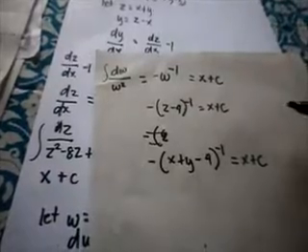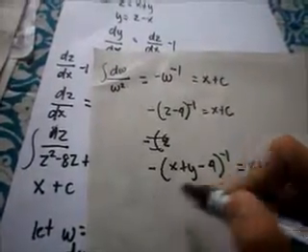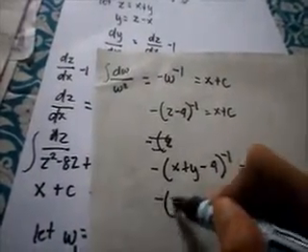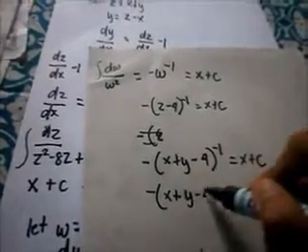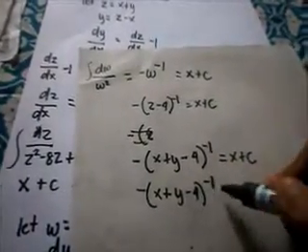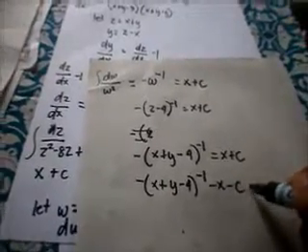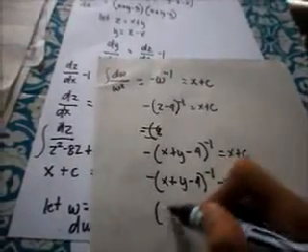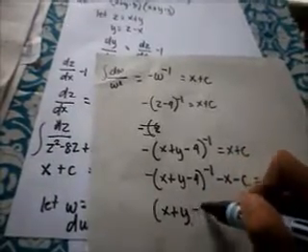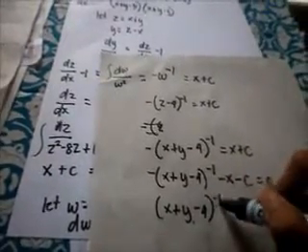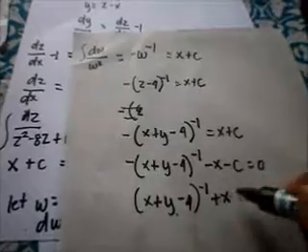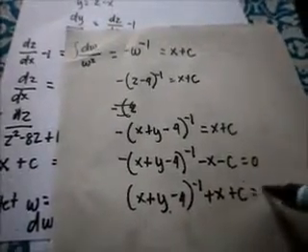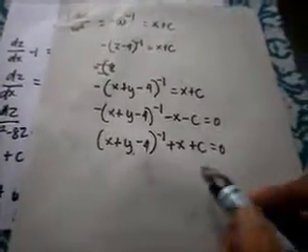And we get negative x plus y minus 4 to the negative 1 minus x minus c is equal to 0. So this will be our final answer.